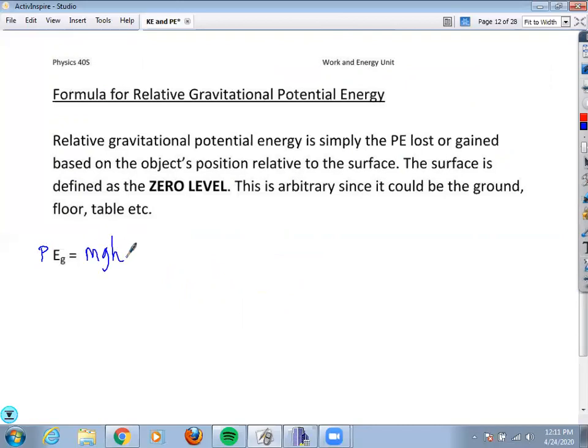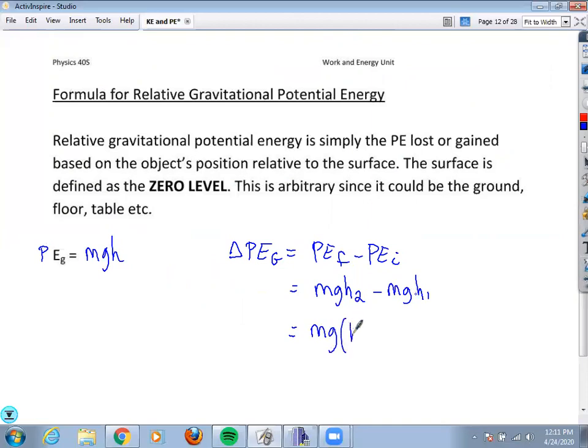And so if we're going to be lifting objects at different heights, the change in PEG equals PEF minus PEI, which would be mgh2 minus mgh1, which we could then factor out mg times h2, final height, minus initial height, h1. So that might become useful for us in certain situations.